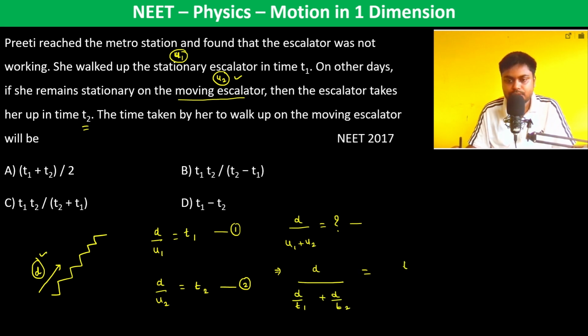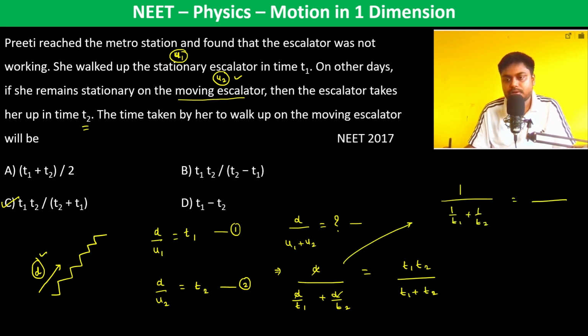So t1 into t2 divided by t1 plus t2 is going to be the answer, because now d gets cancelled. So this reduces to 1 by t1 plus 1 by t2. Take both of them common, and this goes up, so therefore this is going to be the answer.